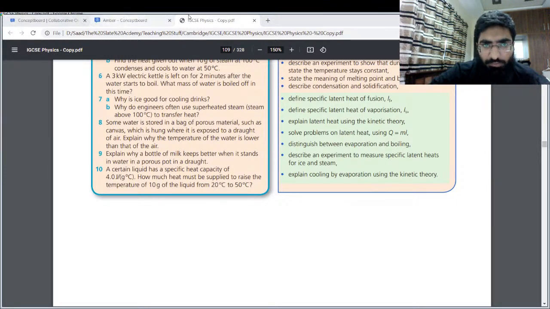1200 would be the answer, and here's how. You have C, specific heat capacity, as 4. First of all, let's see what the question asks for.